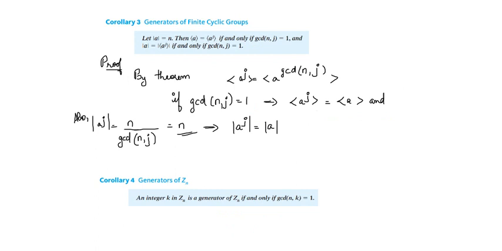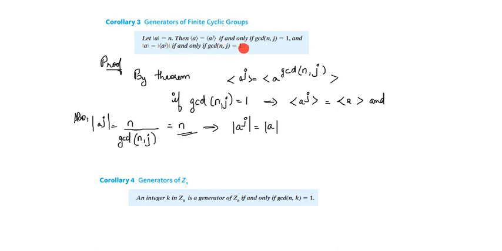Then you have the third one, that is generators of a finite cyclic group. That is, if the order of a is equal to n, then instead of i and j, you have 1 there. So the group generated by a^1 is equal to the group generated by a^j if and only if GCD of n and j is equal to 1. And the order of a is equal to the order of the cyclic group generated by a^j, again if the GCD is equal to 1.